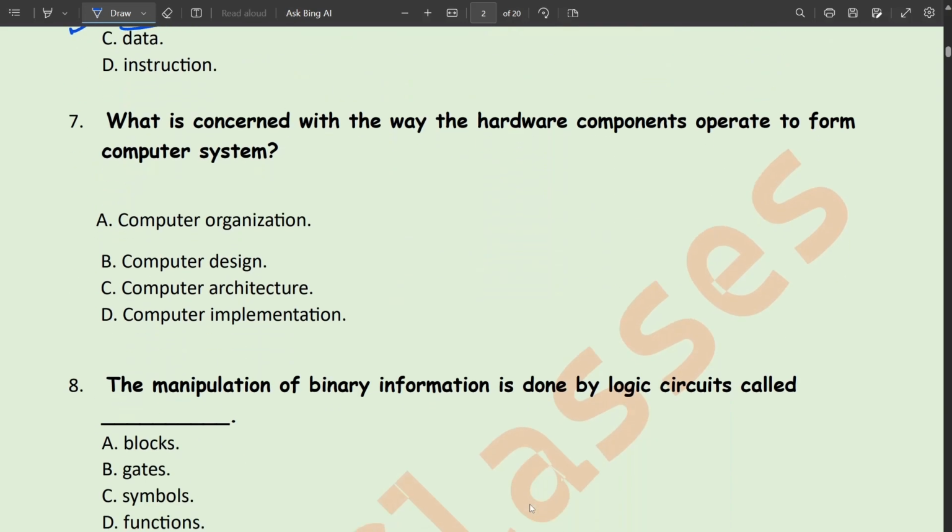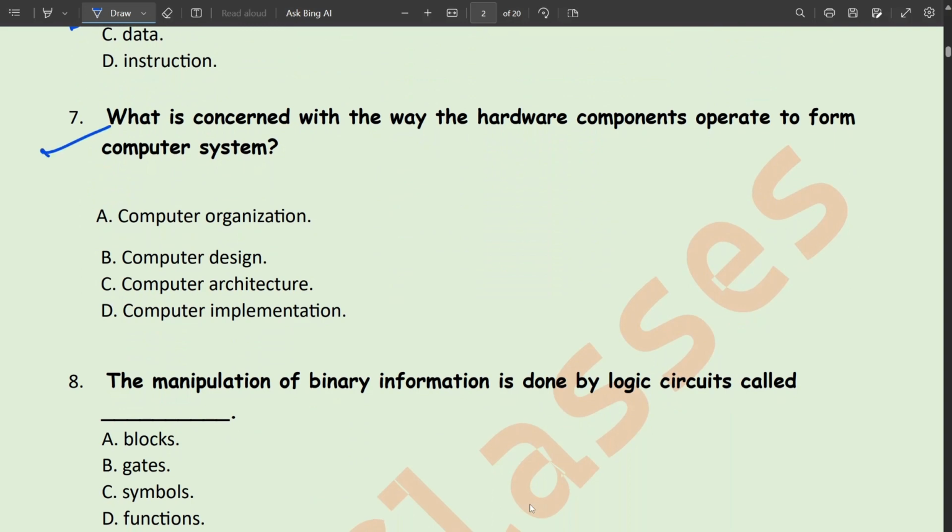Next, what is concerned with the way the hardware components operate to form a computer system? The answer will be computer organization.